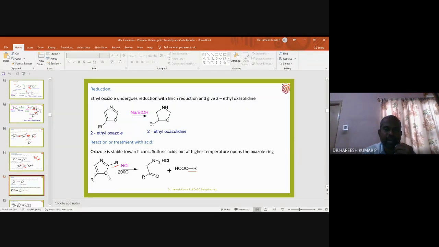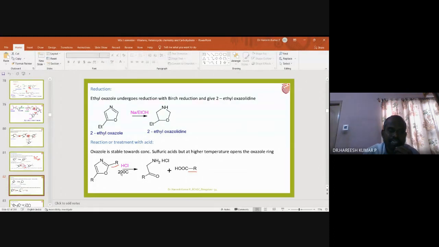Once there is a new bond formation with the oxygen, this bond becomes weak. Once this bond becomes weak, so you know that HCl is a gas. More particularly, HCl gas is saturated with water. So the water present in the HCl, it will attack here.